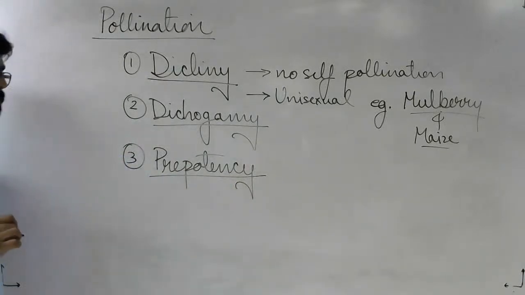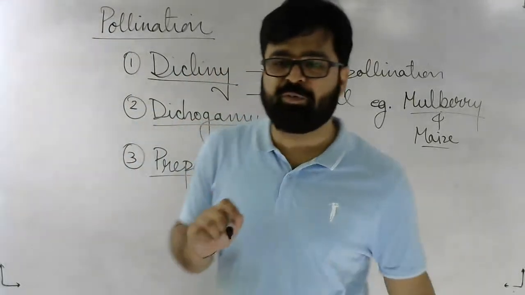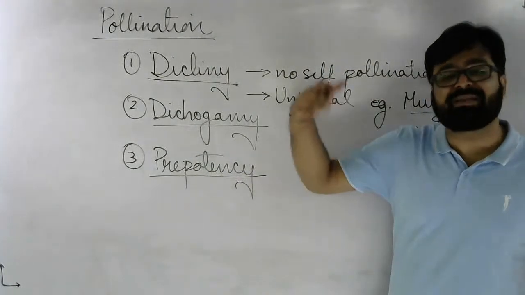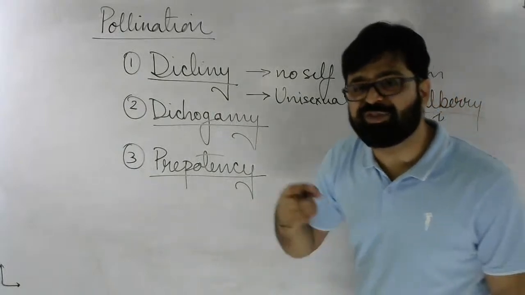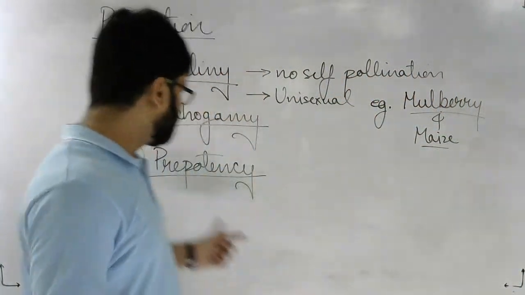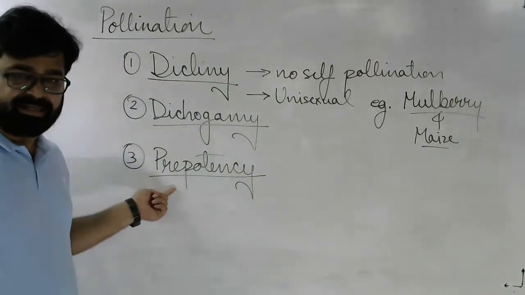All right. Prepotency is the phenomena in which anthers or the pollen of other flower are capable of germinating on stigma of another flower. Okay. This phenomena is prepotency.